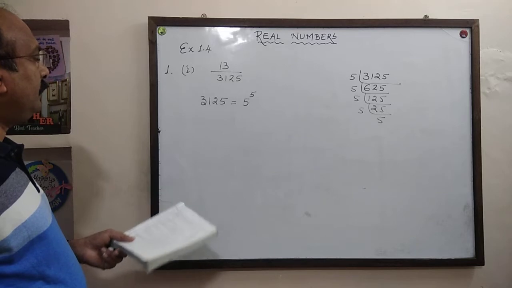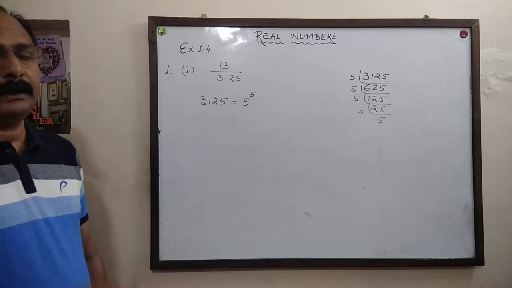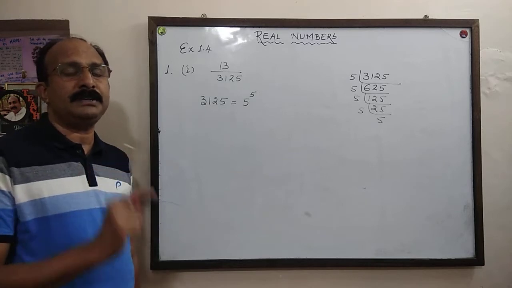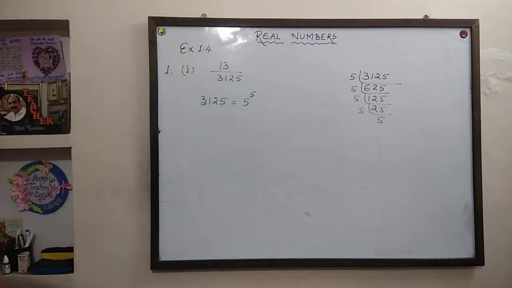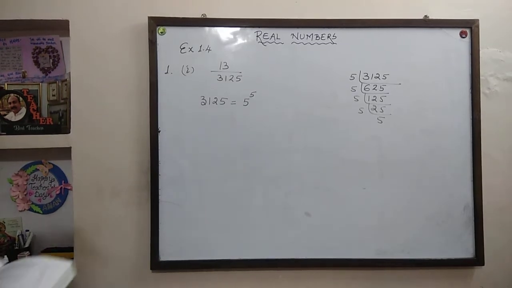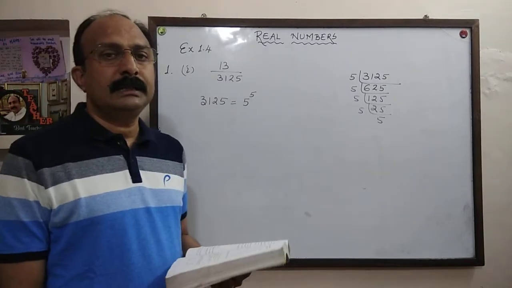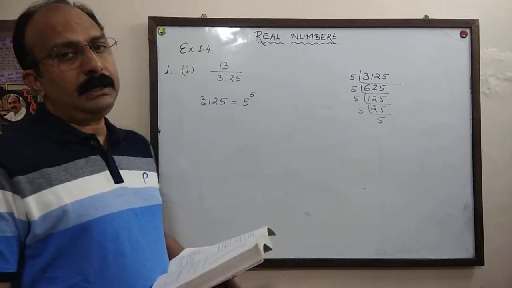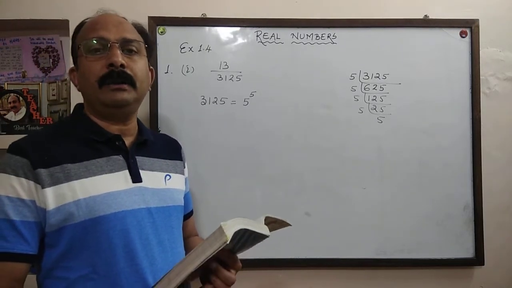Since 3125 has prime factorization in the form of 5 power 5, what is the answer? So here the answer is terminating decimal. Reason: the denominator is in the form of 5 power 5.